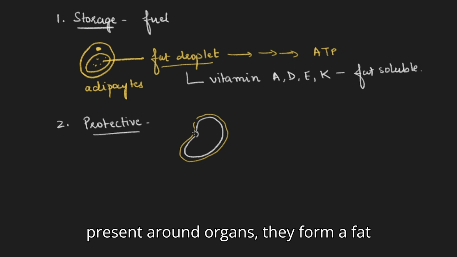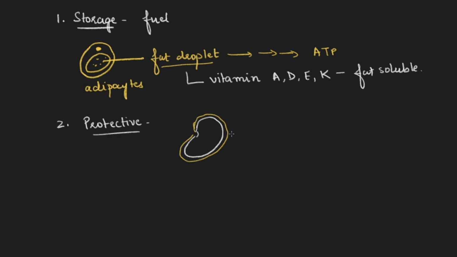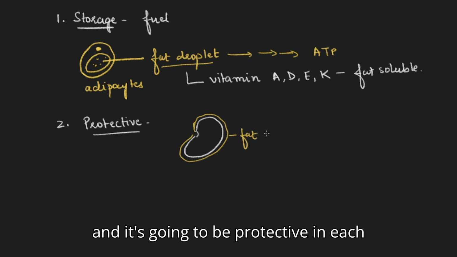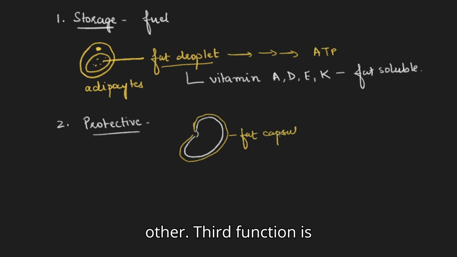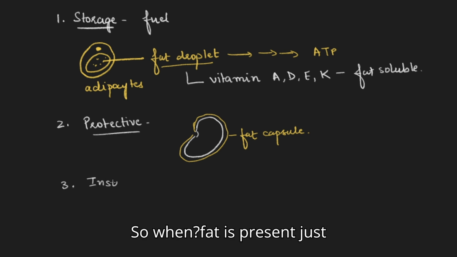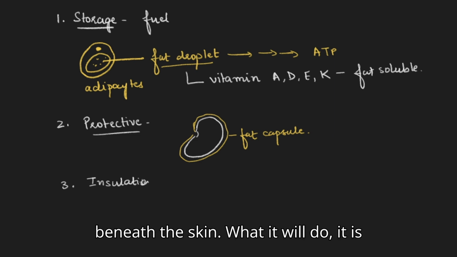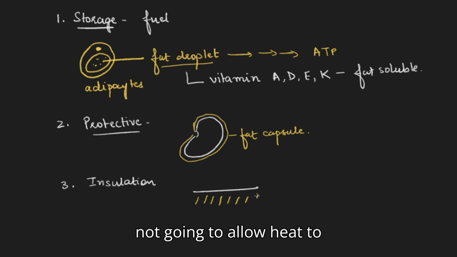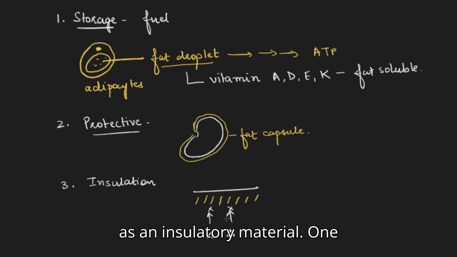When they are present around organs, they form a fat capsule, which is protective in nature. The third function is insulation. When fat is present just beneath the skin, it does not allow heat to escape, so here it is acting as an insulatory material.